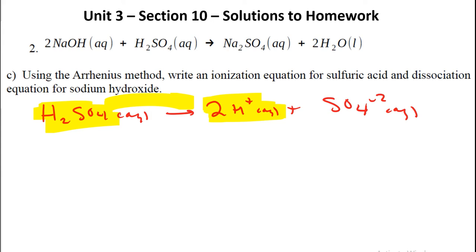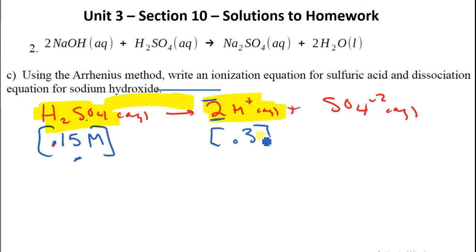So when it comes to our concentration here, in our question we actually started with a concentration of 0.15 molar. So you're probably under the impression that would be the number we need to take the log of. But if there are 2 H pluses, we actually have to double this 0.15. The concentration of this should actually be 0.3 molar. That's actually the number we need to take the log of.